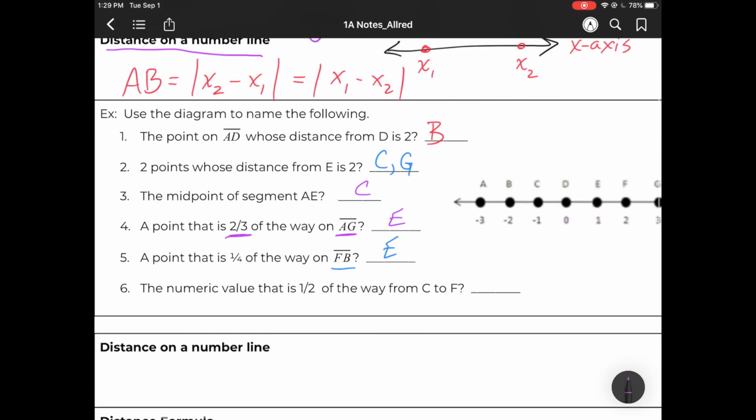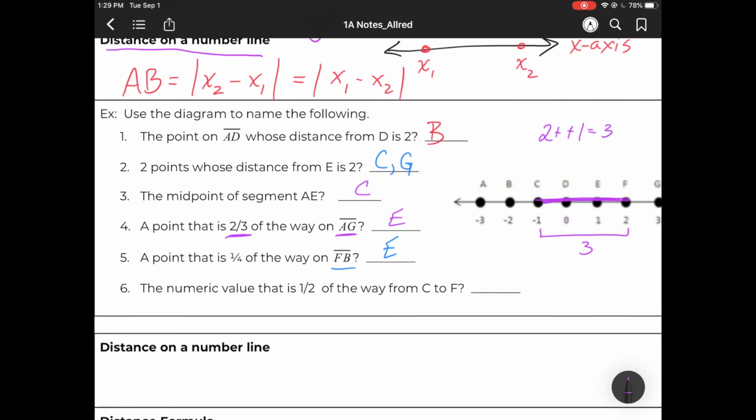So finally, number 6, the numeric value that is half of the way from C to F. Well, C to F is right there. And that length from -1 up to 2 is a length of 3. Again, you can think of it as 2 minus -1. When we do minus a negative, it's like you're doing plus positive, which is 3. The absolute value of 3 is 3.